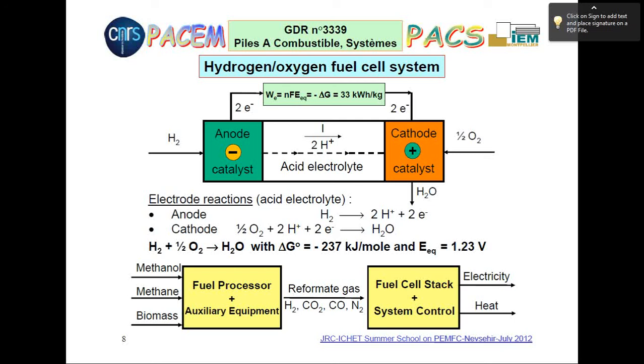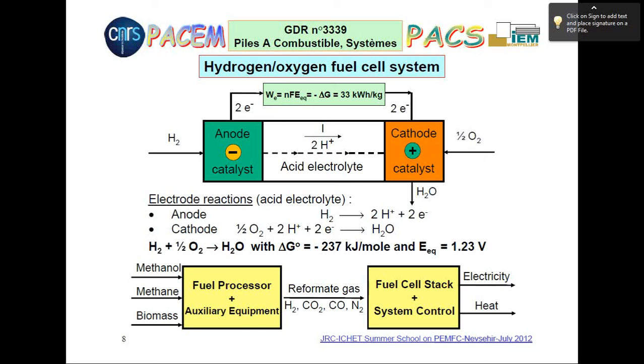Fuel processor means you have different reactors, like a reforming reactor, a water gas shift reactor, etc. It is not one reactor. It can be 3, 4, 5 reactors, and then you transform the primary source into a reformed gas, which contains hydrogen, carbon dioxide, carbon monoxide, nitrogen, and then you can feed the fuel cell stack.